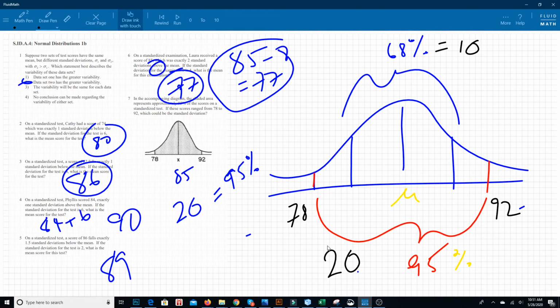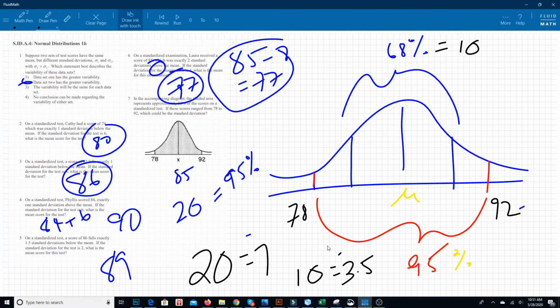So that means 1 standard deviation has to be 3.5 if 2 standard deviations is 7. I don't know if that's clear. If 2 standard deviations is 7, so in this case, 2 standard deviations will equal 7. So that means 1 standard deviation would equal 3.5.